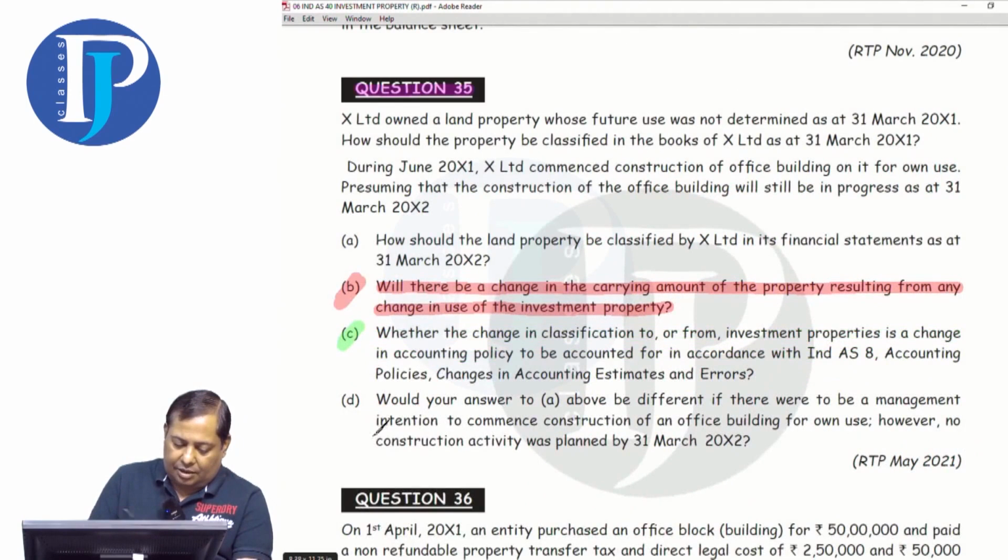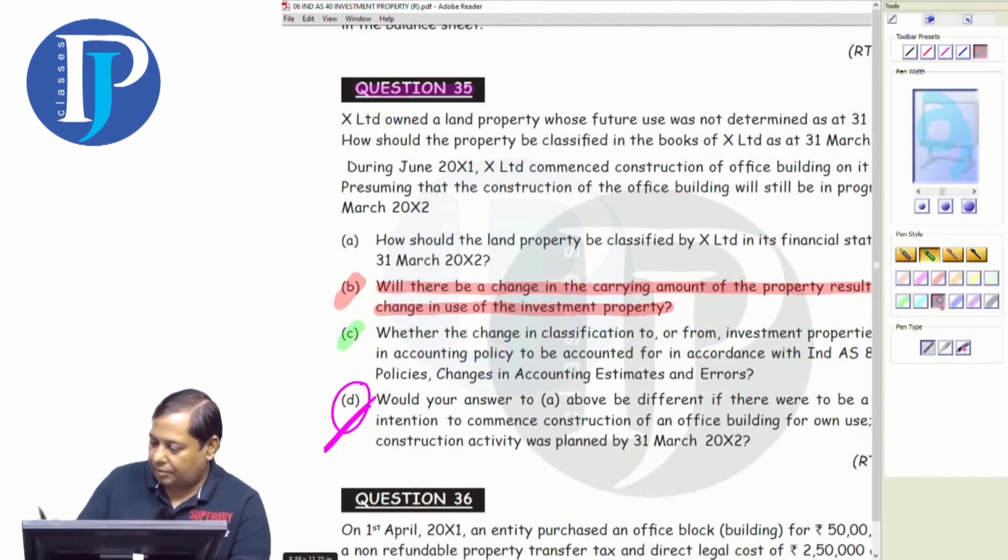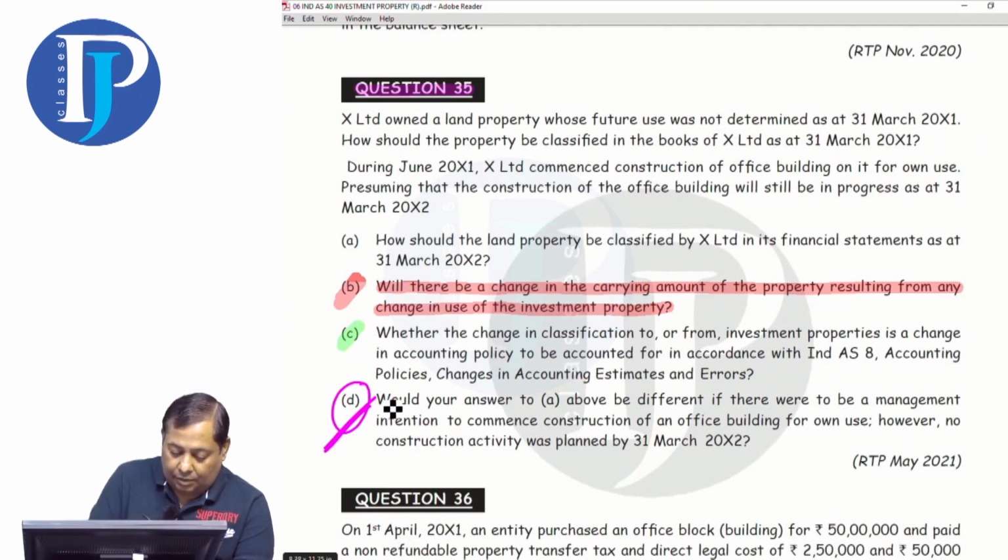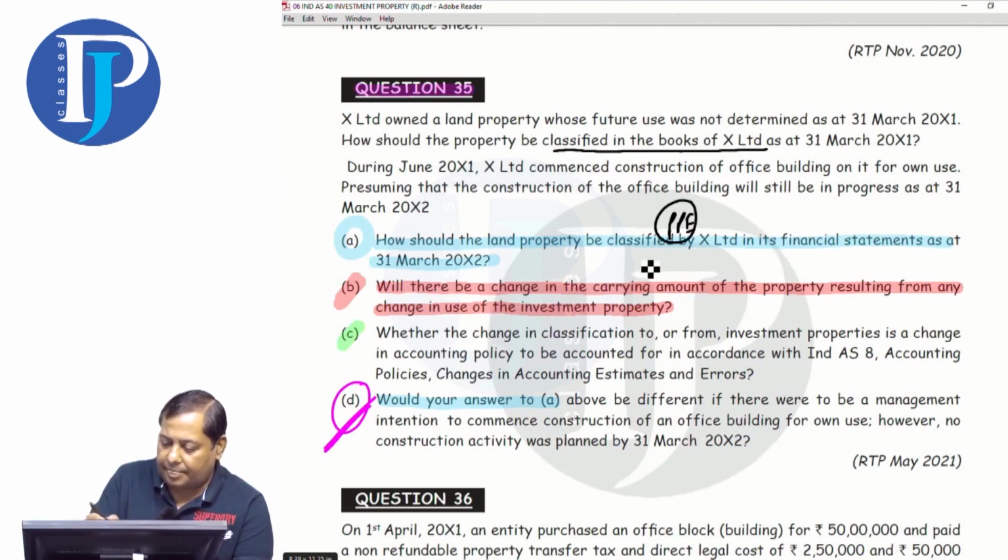I have this. D point. Would your answer to A, which I believed as IP, change? I thought it would be an IP here, but it turned out to be PP.